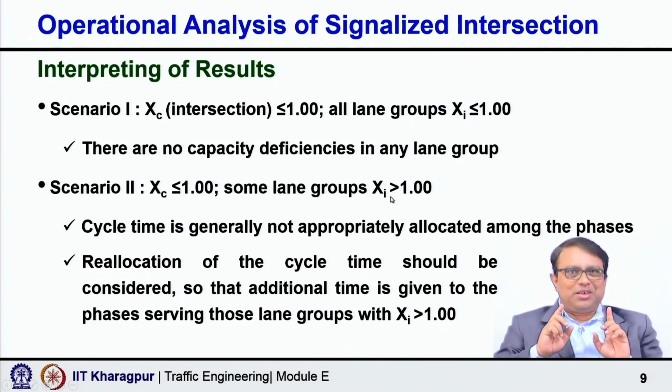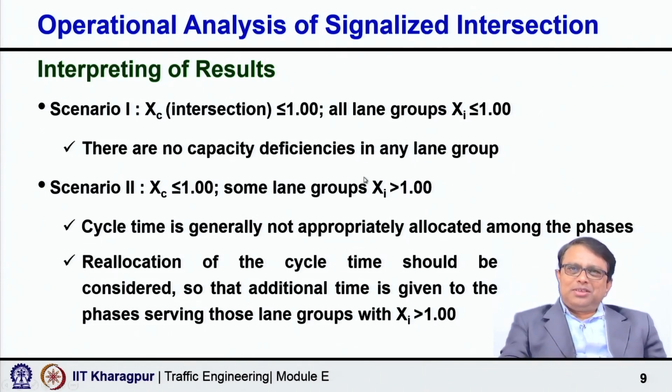The overall intersection looks all right, it can handle, but the green time distribution is not proper, because in some cases xi is greater than 1, in some other cases less than 1, maybe some cases significantly less than 1. So, that indicates the green time allocation for different lane groups needs to be adjusted further, right.